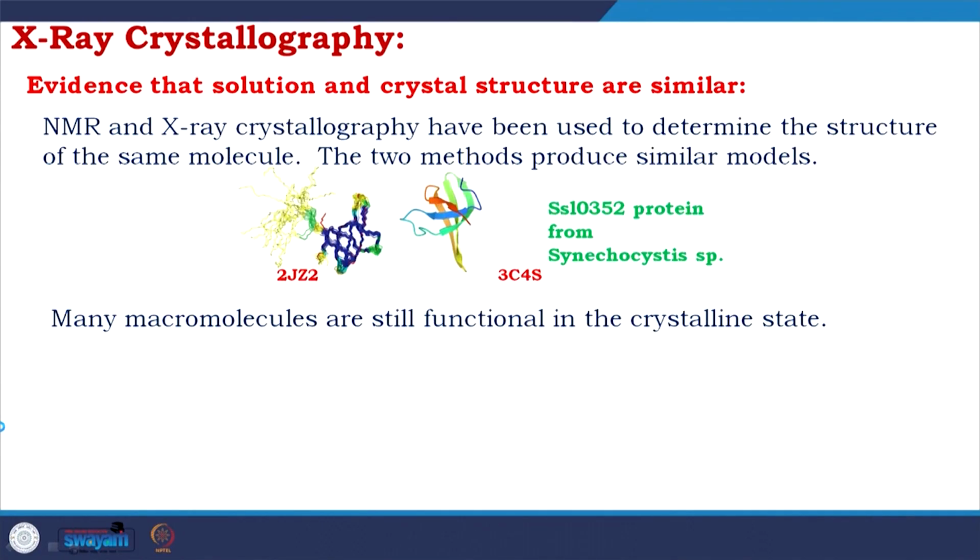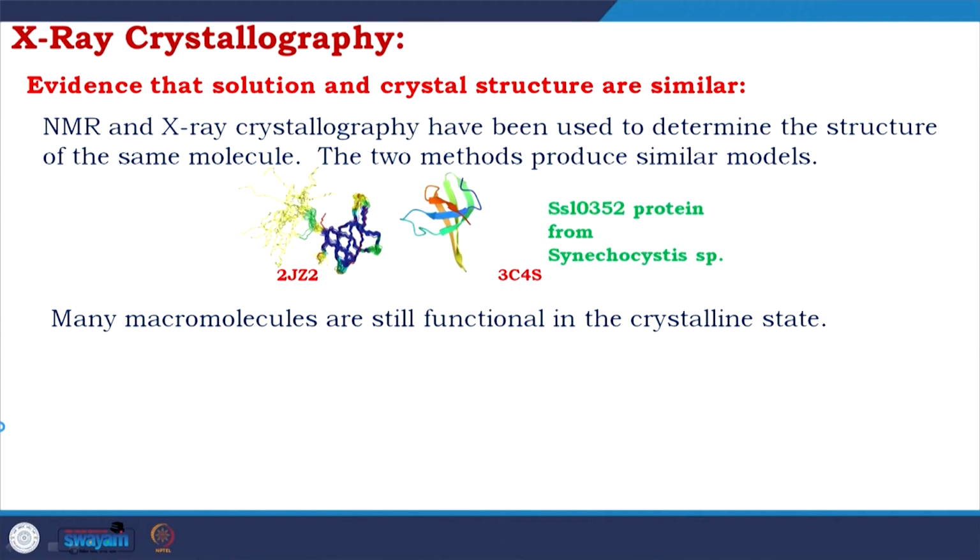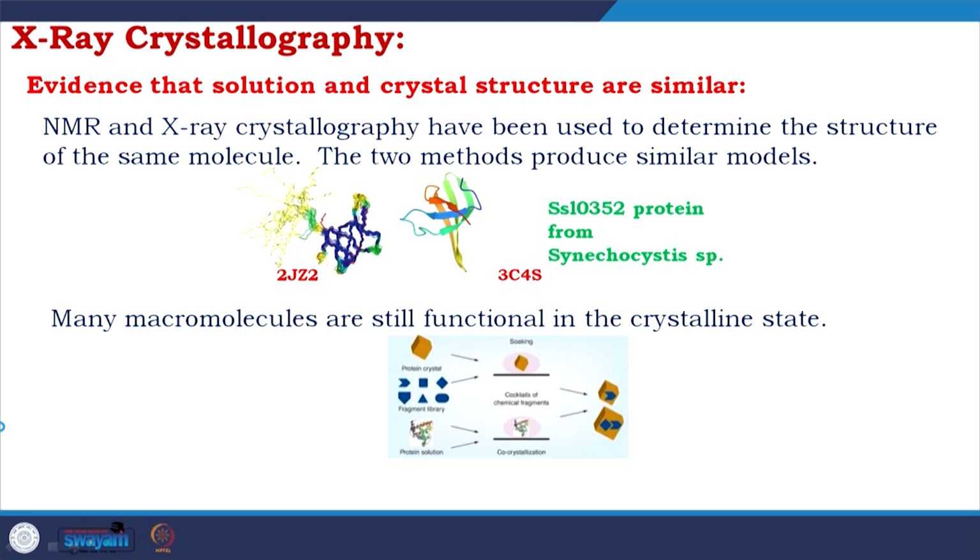Many macromolecules are still functional in the crystalline state. This is what I was talking about. When you have a condition, you do an assay, you will find that proteins are still enzymatically active inside the crystal. That means the protein is still functional. So, there are two types of experiments, co-crystallization and soaking.